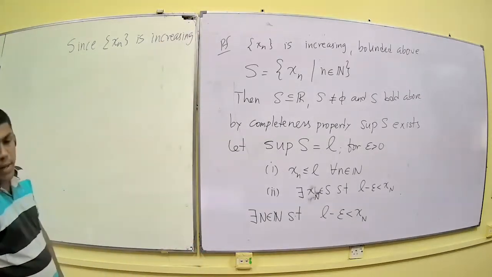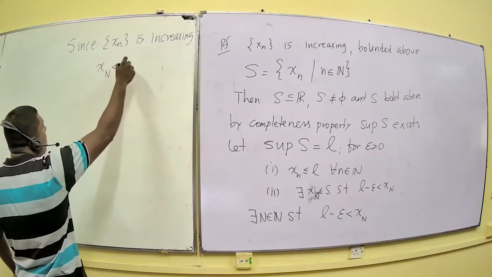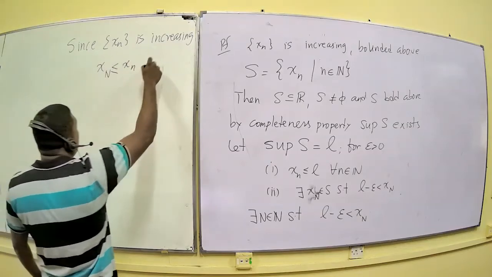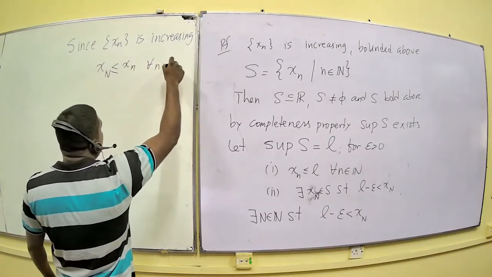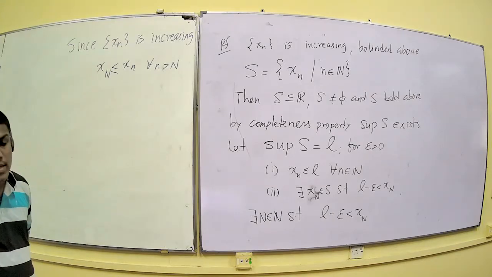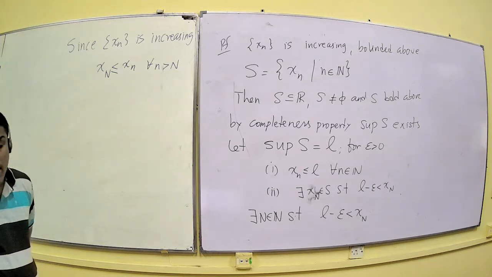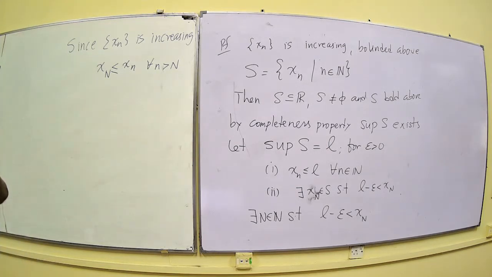Because xn is an increasing sequence, for every n bigger than N, xN is less or equal to xn for all n bigger than N.